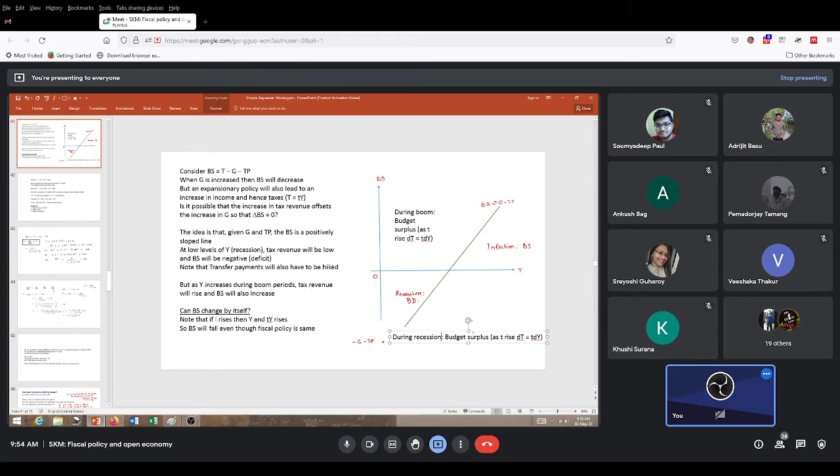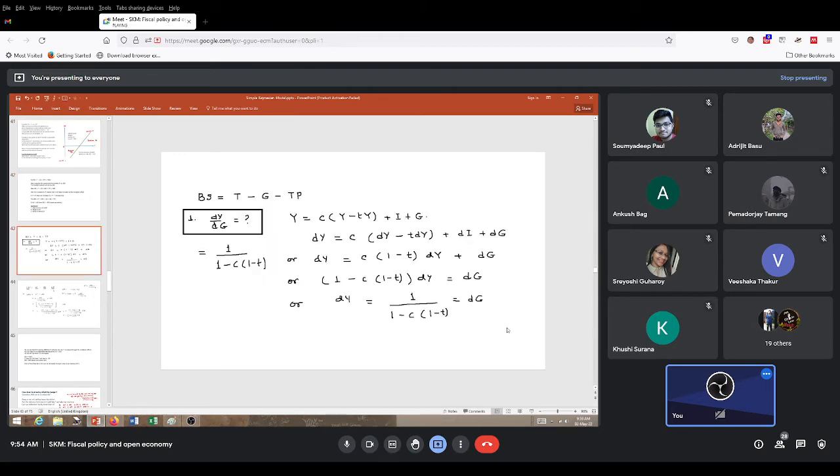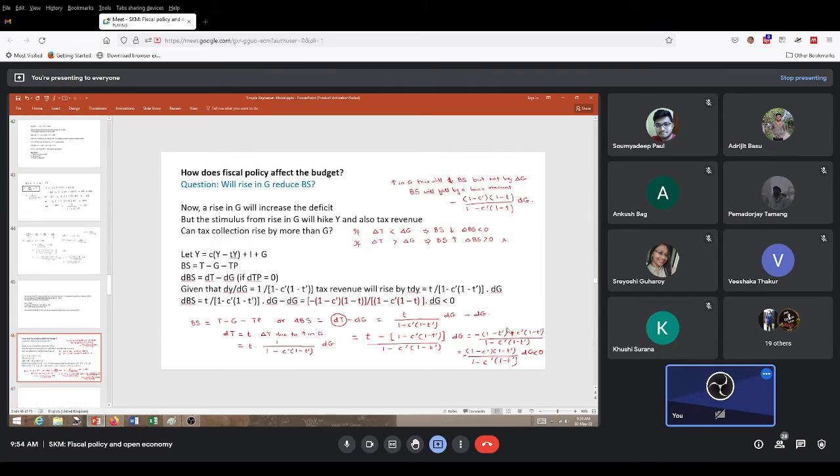How do we correct this? We have a budget deficit. Now this is negative.